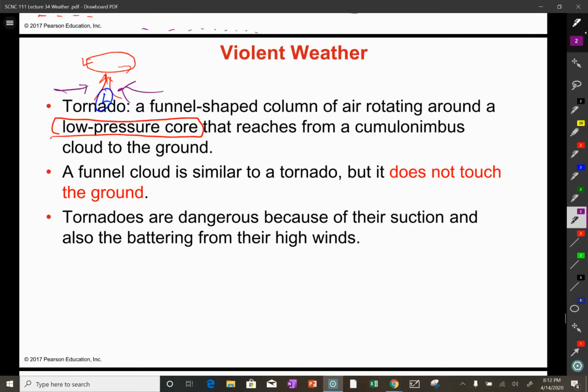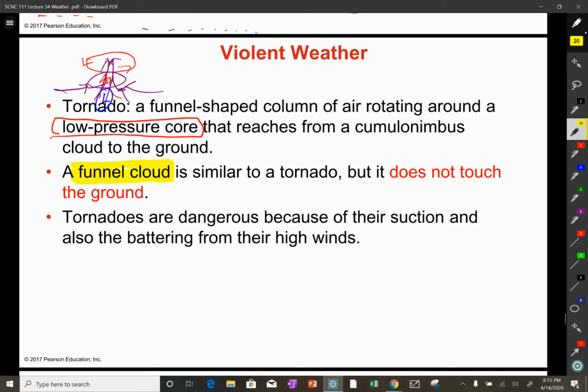It swirls around because of the Coriolis effect, and you maintain that low pressure where air is going up in the center. And that's how you form a tornado. Now, it's called a funnel cloud if it doesn't hit the ground. So Amy and I were not under a tornado. We were under a funnel cloud.